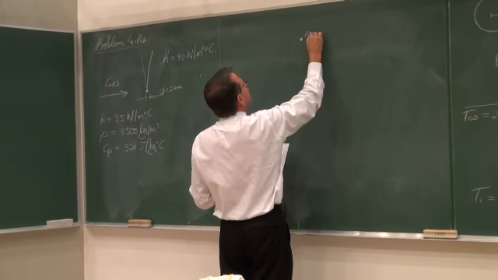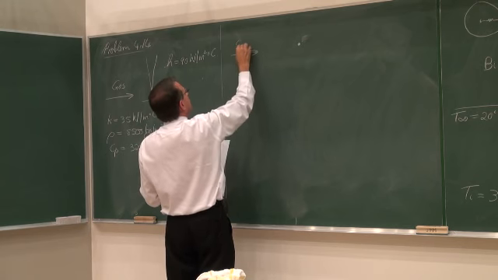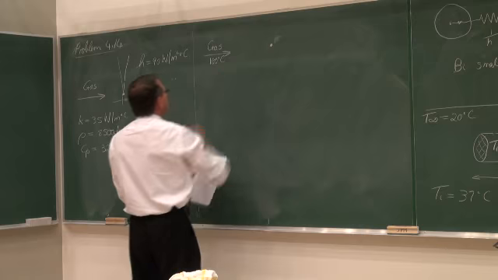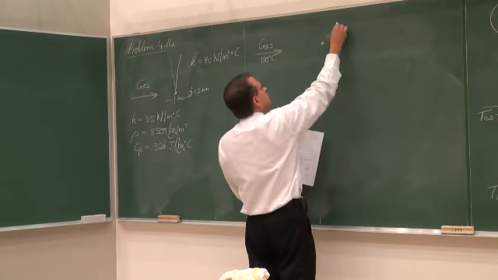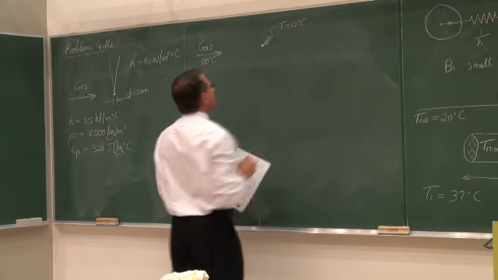Let's take a gas stream of 100 degrees Celsius, and the thermocouple temperature is at 0 degrees Celsius.